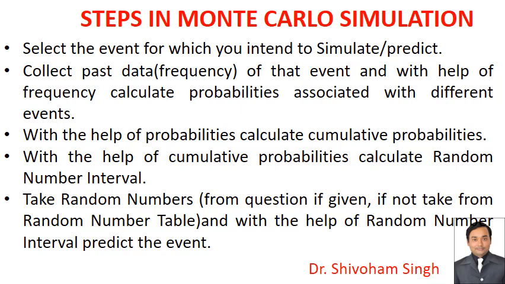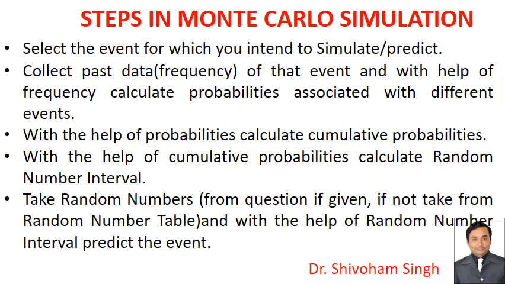In the second phase, we have to collect the past data about that particular event. This data will help us calculate the probabilities associated with the different events. Many times, the frequencies of the past data are given, so with the help of frequencies, we calculate the probabilities.